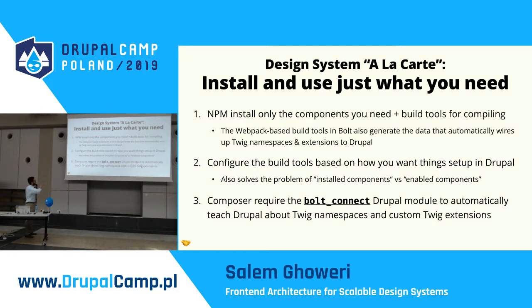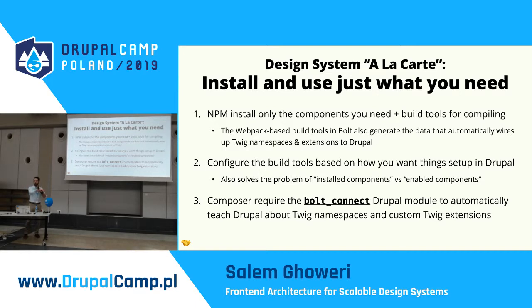Step 2, you configure the tools to know how your code base is organized in your folder. So, this is where I can serve my CSS or my JavaScript files. This is also really solving the big problem of, I've installed the button, but maybe I need to turn it off for a little bit to work on something and then turn it back on.